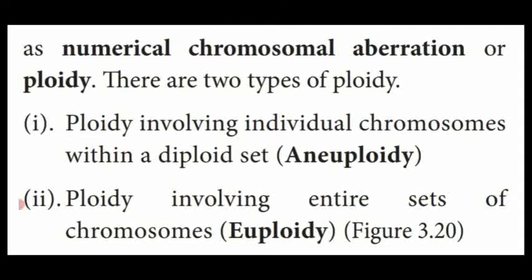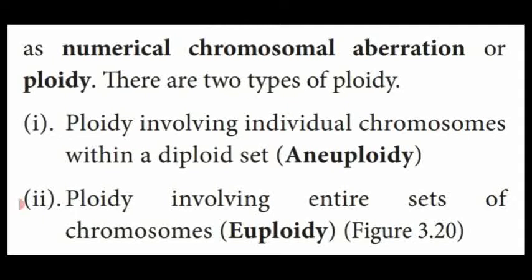Next one, ploidy involving the entire set of chromosomes. First one, for example, in our body we have 23 pairs of chromosomes. Out of these 23, if 2 or more chromosomes show changes, it is said to be aneuploidy.